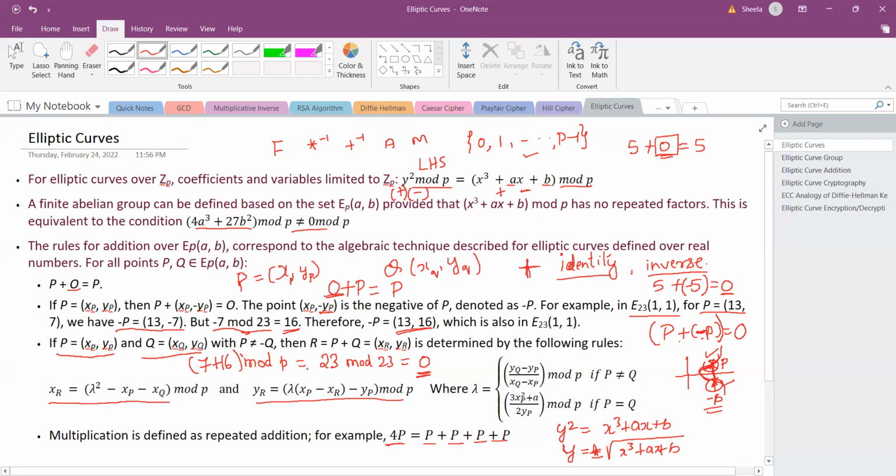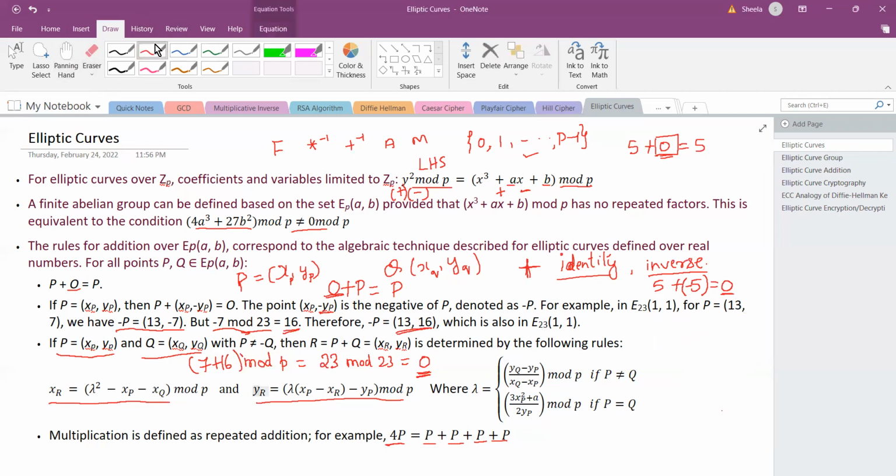For example, when we are going to consider an elliptic curve, let me consider a simple elliptic curve.